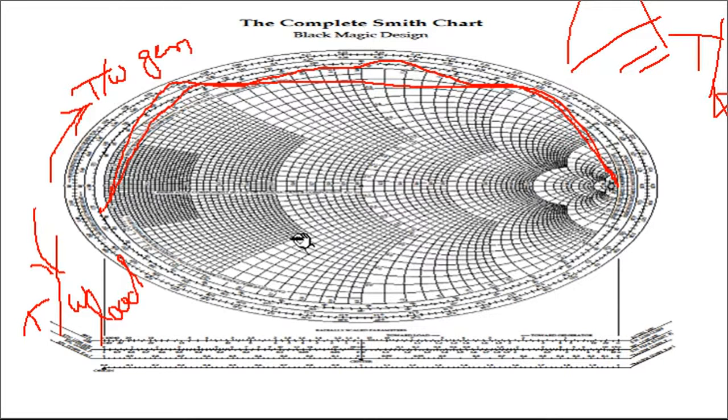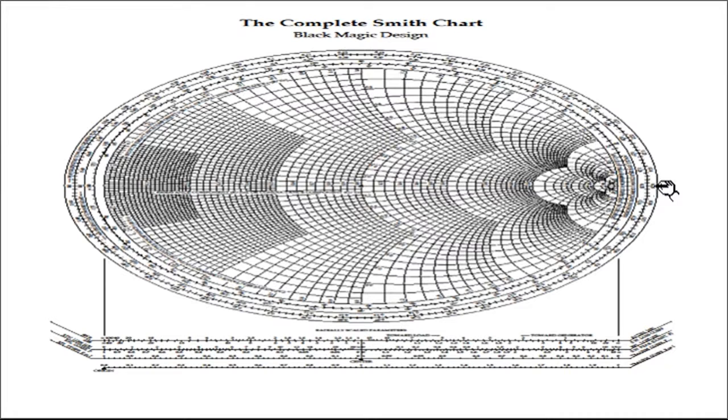I'll repeat this particular point. See, a semicircle on the Smith chart corresponds to wavelength lambda by 4. So lambda by 4 corresponds to semicircle, and this complete circle corresponds to lambda by 2.